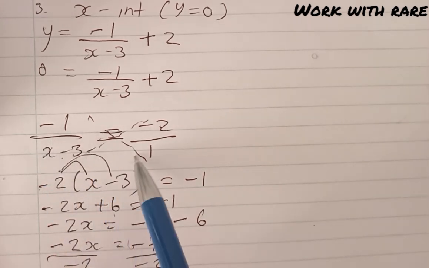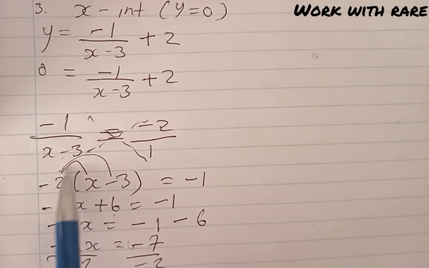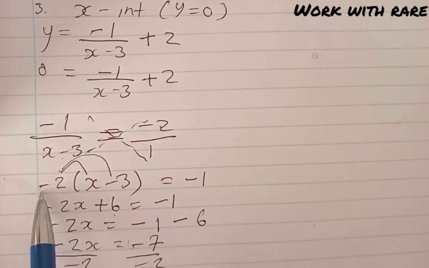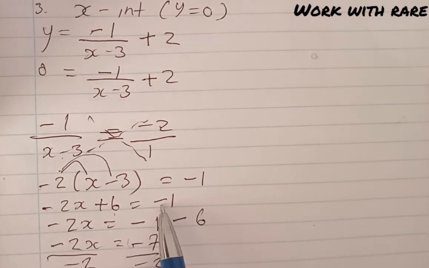And negative 1 multiplied by 1 is the same. Remember, any number multiplied by 1 is the same number. Okay, right. So after here, we break the bracket. So negative 2 multiplied by this, negative 2x, negative 2 multiplied by negative 3, it's positive 6, because any negative multiplied by negative is positive. So, and here will remain with negative 1.